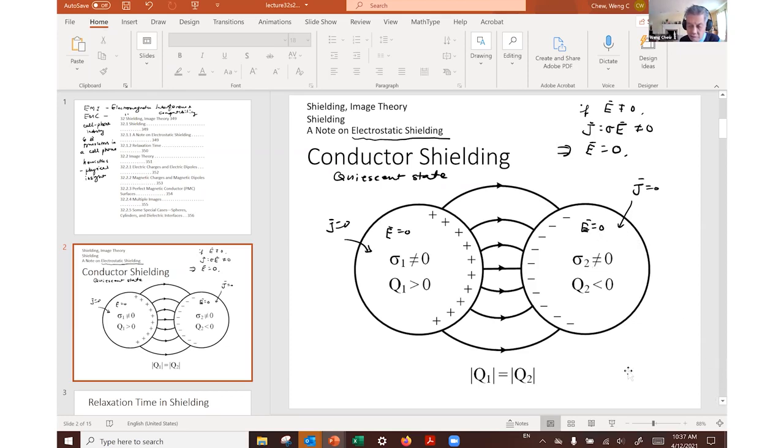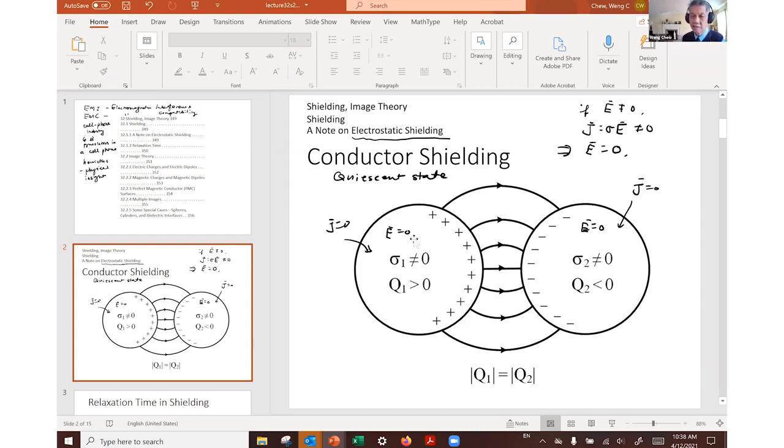So the only possibility is for the charges to cancel the total electric field inside. Say if there's an electric field coming from the other conductor, it tries to penetrate into this conductor, then negative charges will pile up in such a way to make the E field equal to 0 here. And similarly, if these negative charges produce this electric field, positive charges will pile up on this end so as to produce 0 electric field inside.